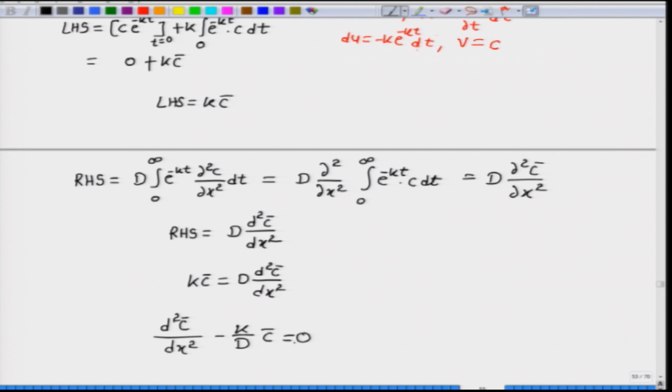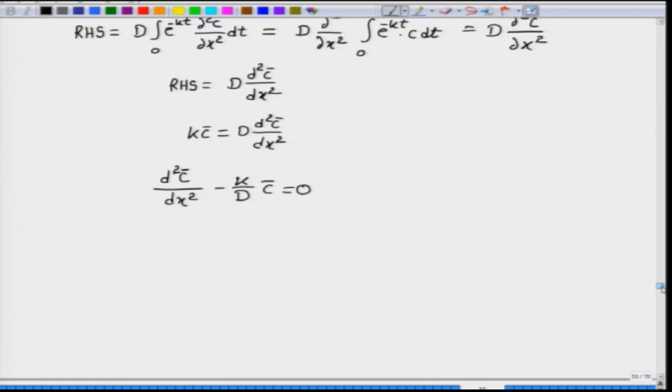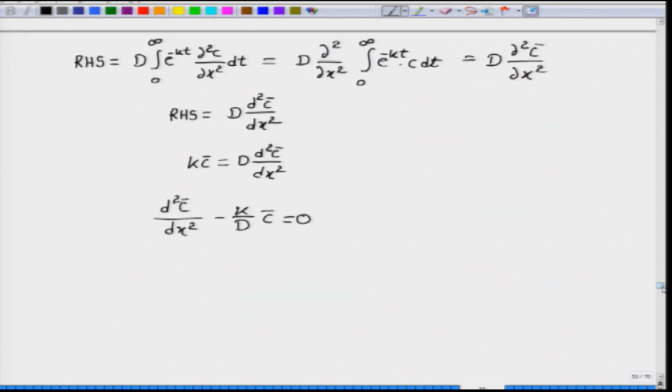So, again, just like the last problem we solved, Laplace transform has helped us to convert the partial differential equation into an ordinary differential equation, which we can easily solve.